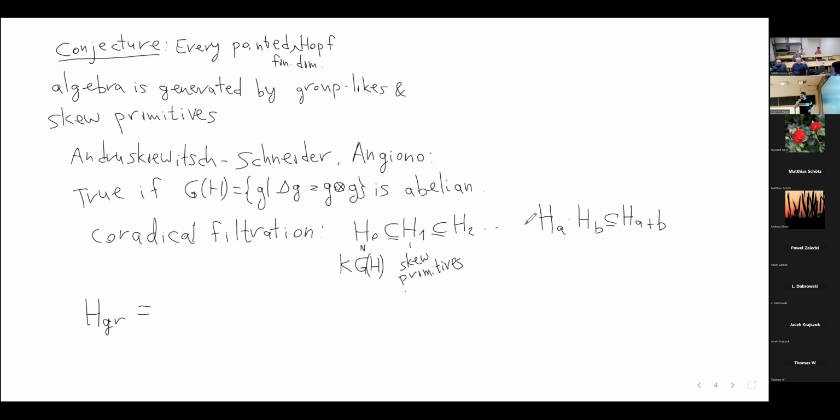Sorry, can you tell me what H2 is? Because it's nice: H0 is the span of group-likes, H1 the skew primitives. What is H2? Think about it like this. I take H, apply the coproduct, and go to H tensor H. Then I take, I hope I'm not mistaking the indices, H modulo H0 tensor H modulo H1, and I take the kernel of all of these.